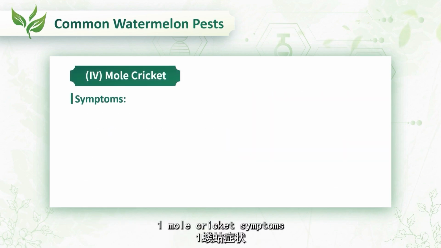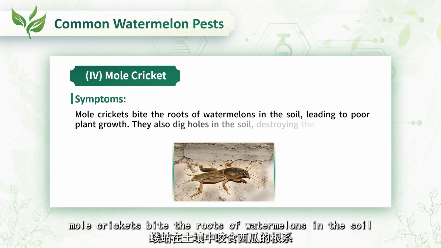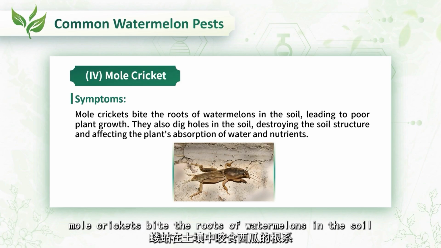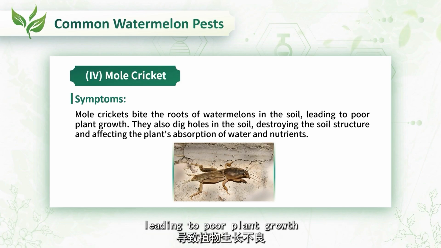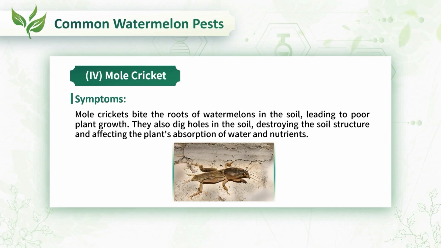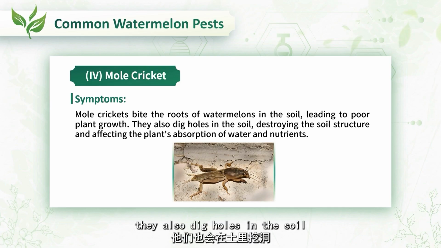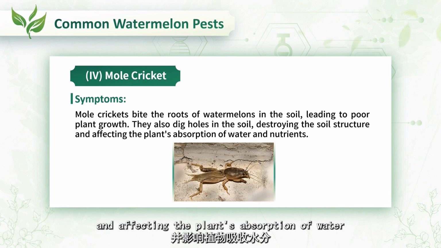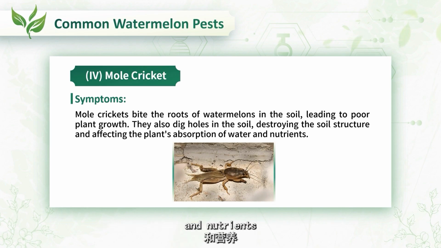Mole cricket. Symptoms: mole crickets bite the roots of watermelons in the soil, leading to poor plant growth. They also dig holes in the soil, destroying the soil structure and affecting the plant's absorption of water and nutrients.